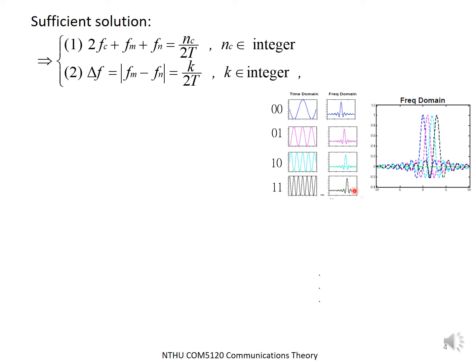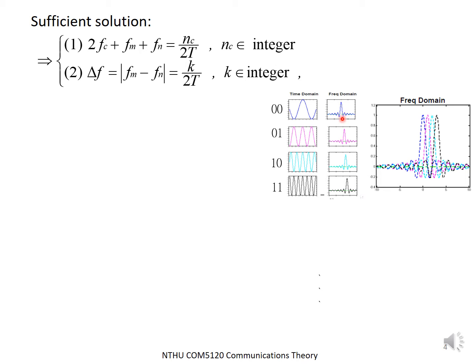Each carrier frequency in MFSK represents log 2 M bits. M equal to 4, then every carrier frequency will represent 2 bits.